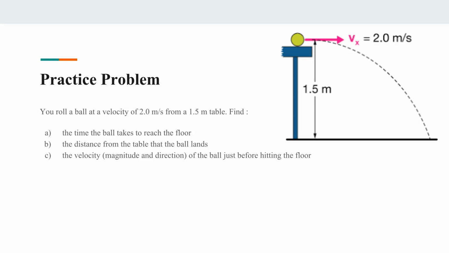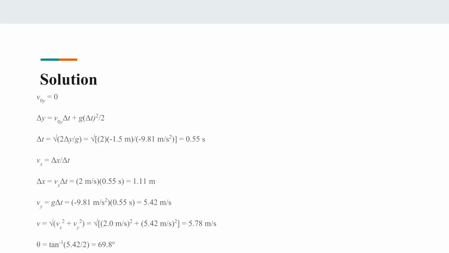So Vx will stay constant because there is no acceleration happening in x. That means we can just sub in Vx of 2 meters per second times 0.55 seconds. And that will give you a total of about 1.11 meters away from the base of the table.